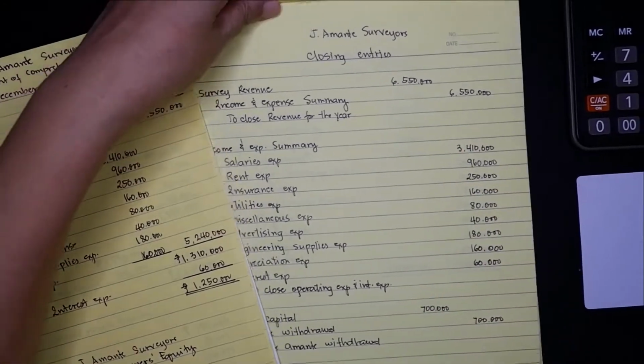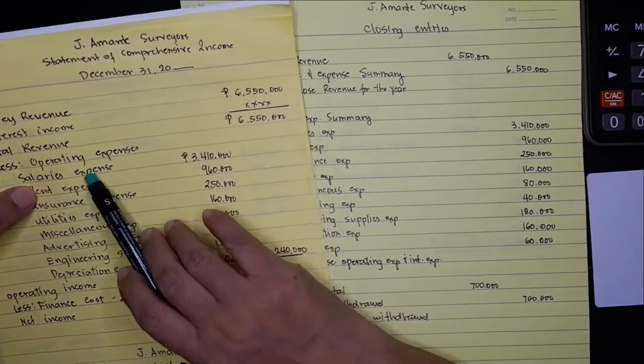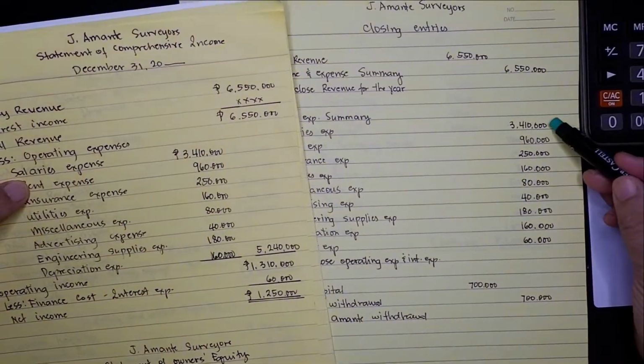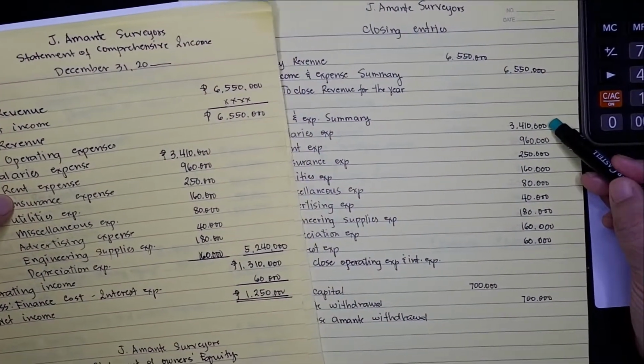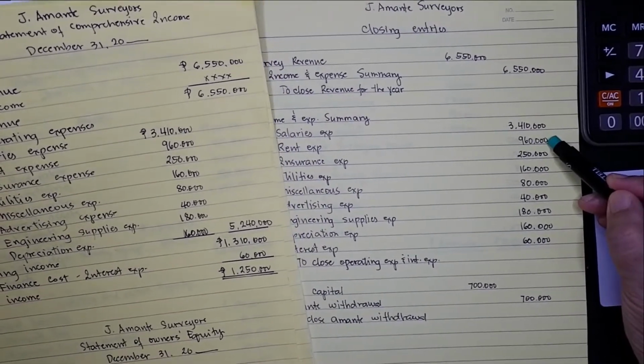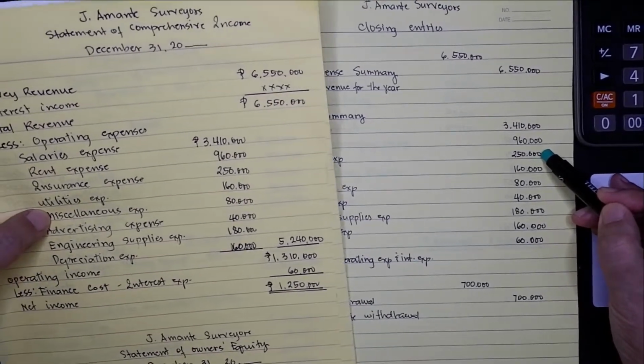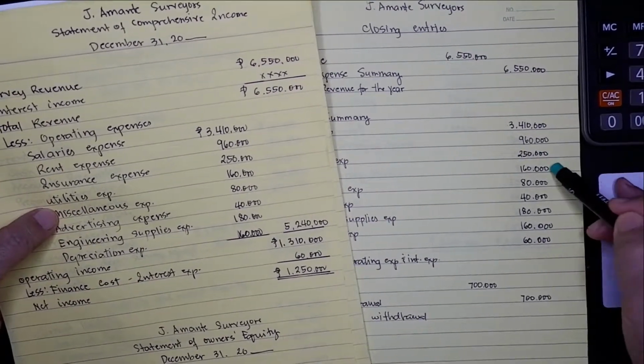Then credit our expenses: salaries expense of 3,410,000, rent expense of 960,000, insurance expense of 250,000, utilities expense of 160,000.